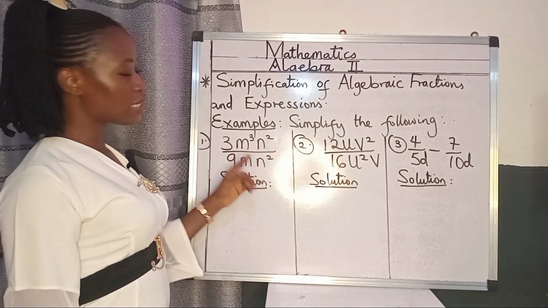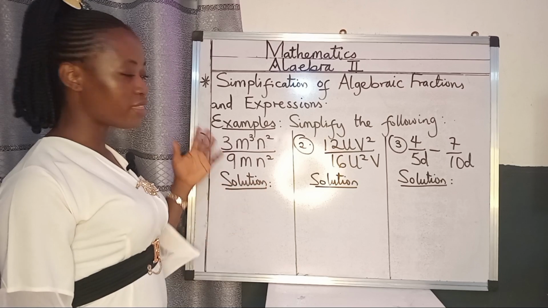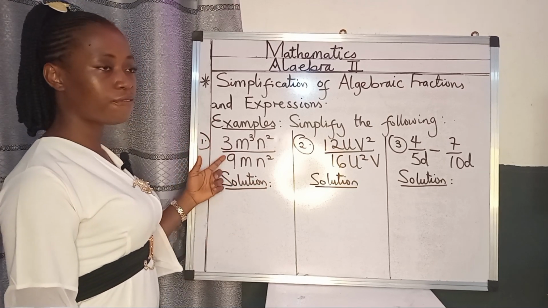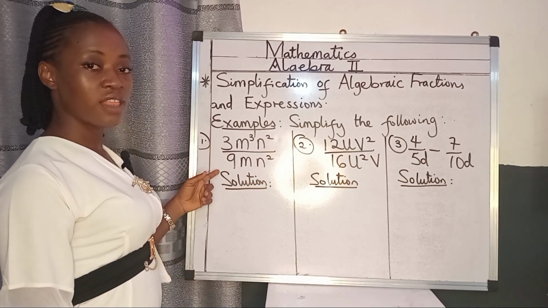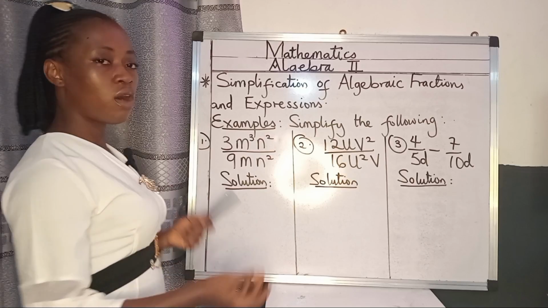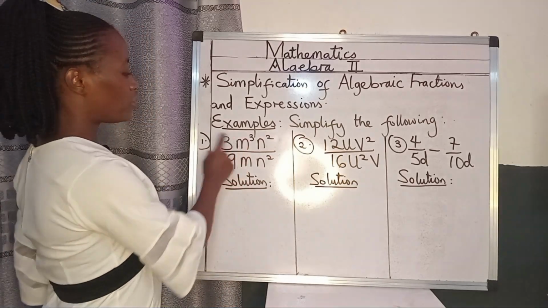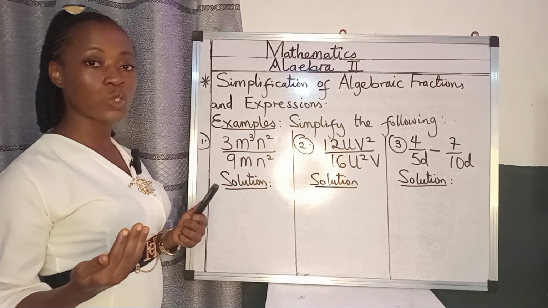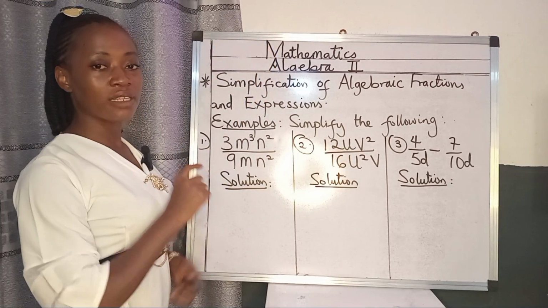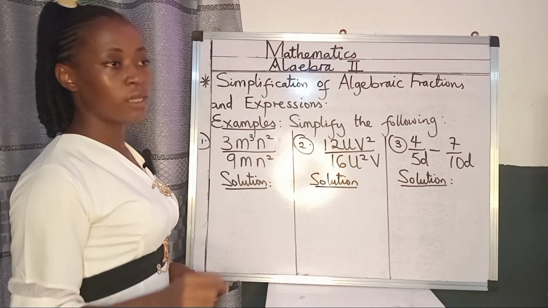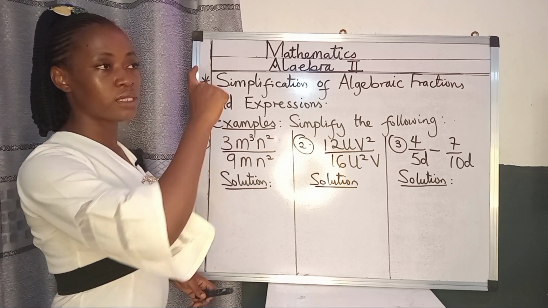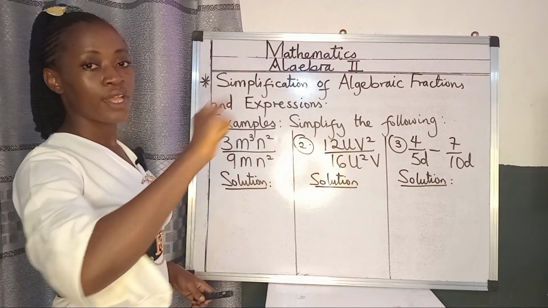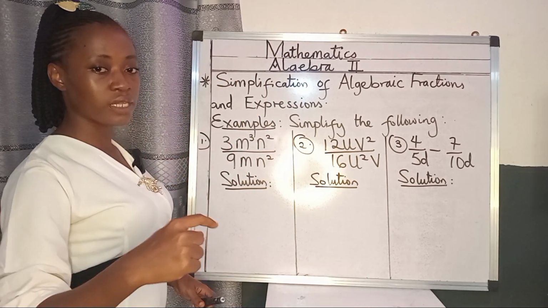You have two different letters here, m and n, and then you have numbers here, 3 and 9. All you need to do is, for the numerator, this is a fraction, and mind you, a fraction has two parts, numerator and denominator, right?